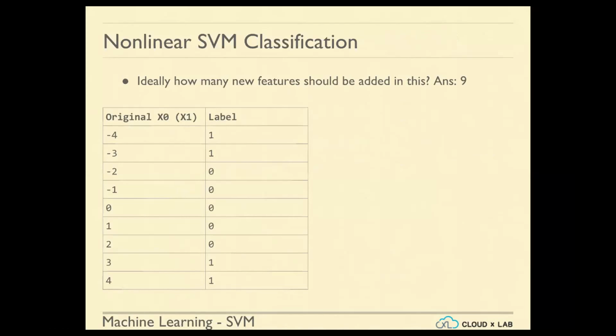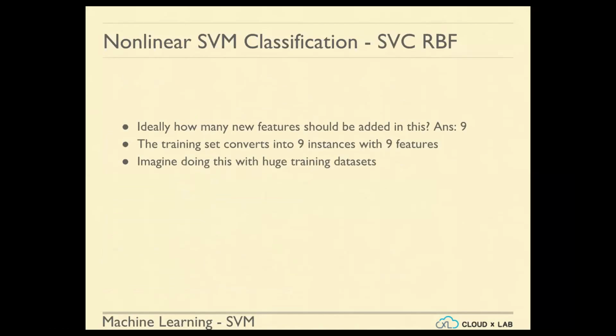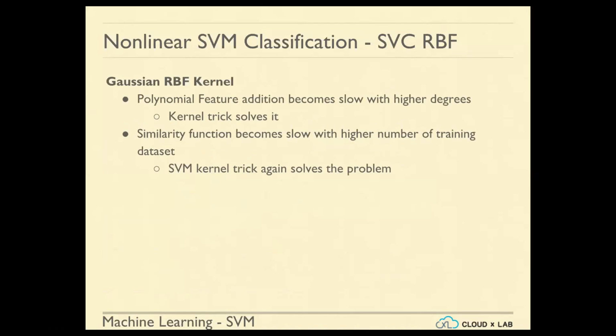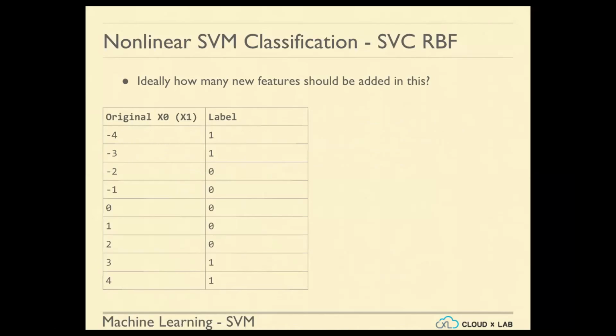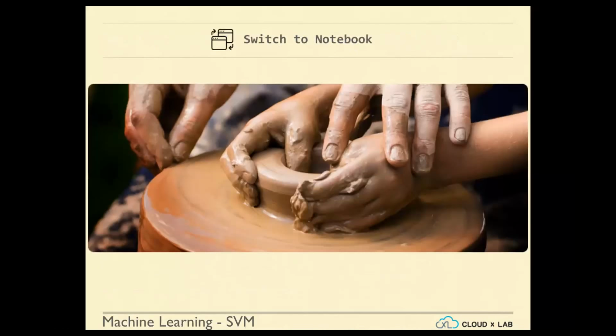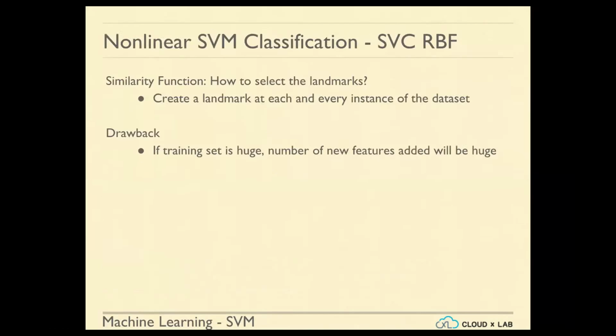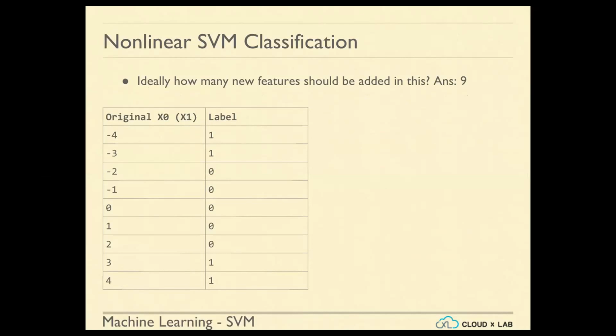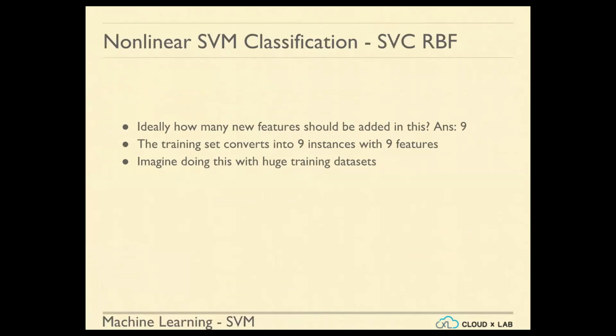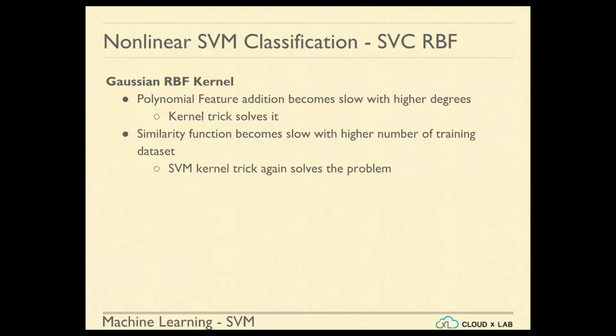Now when we add more such similarity features, again you will have just too many features, and it becomes really hard to handle so many features. This we had talked about.